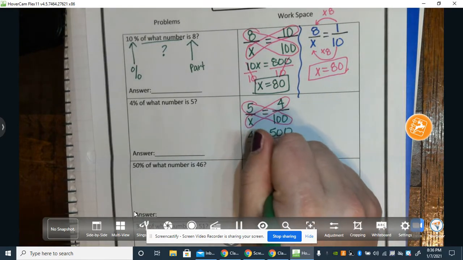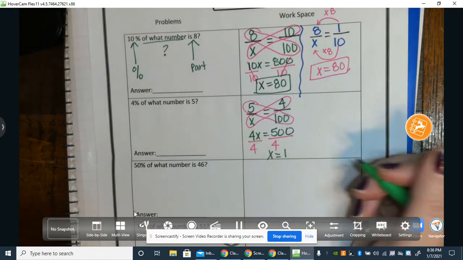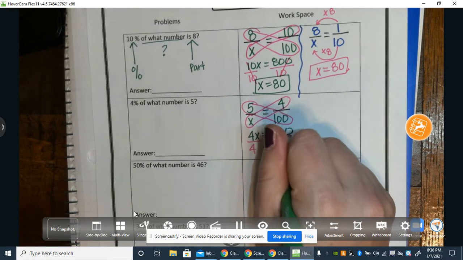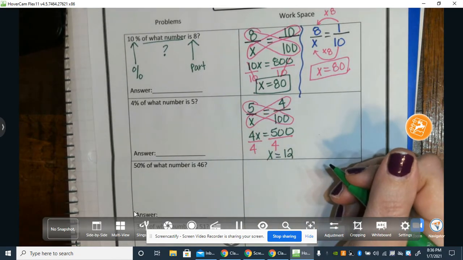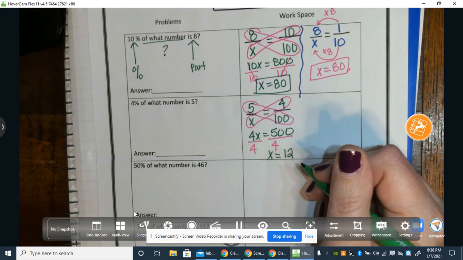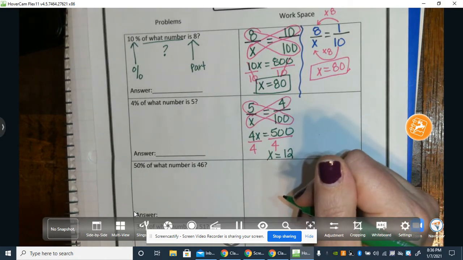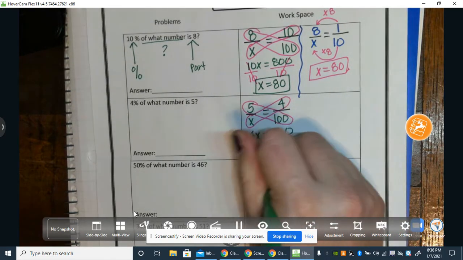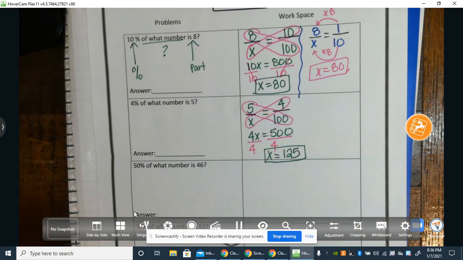And x is going to equal, well, 4 can go into 5 one time with 1 remaining. Bring it down, then you have 10. 4 can go into 10 two times. So 4 times 2 is 8. 10 minus 8 is 2. Bring down my last 0, and I have 20. Well, 4 times 5 gives me 20. So x is going to equal 125.